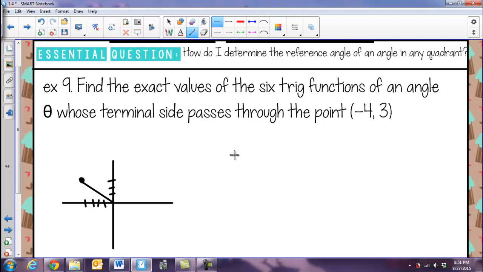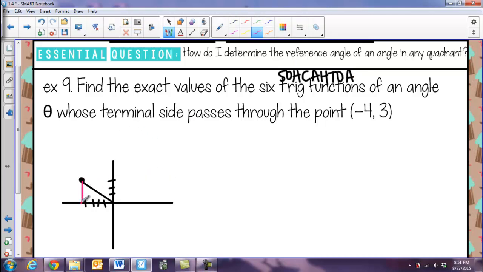Oh, look, I have a line. It looks much nicer. And so when I'm looking at that, I want to find trig values. And we know our SOHCAHTOA when I'm doing trig values, which means I need to know some side lengths. So when I'm looking at this triangle, I'm going to use the reference angle right here.